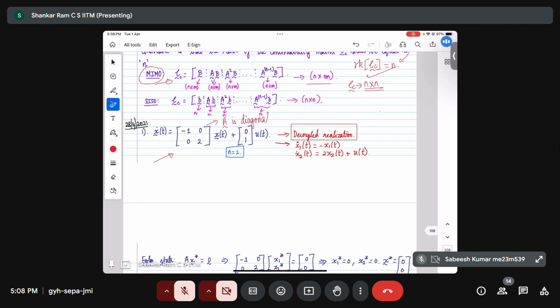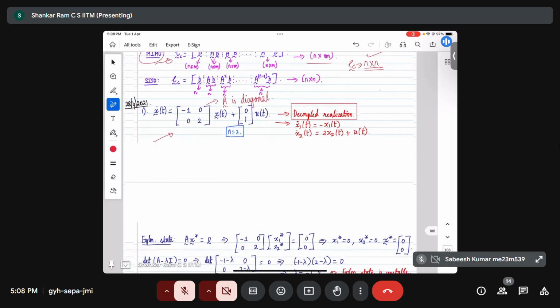Why do we say this is a decoupled realization? If you look at the two state equations, please note that the evolution of x1 depends on x1 alone, not on x2. Similarly, the evolution of x2 depends on x2 alone, not on x1. That's why it's called a decoupled realization.